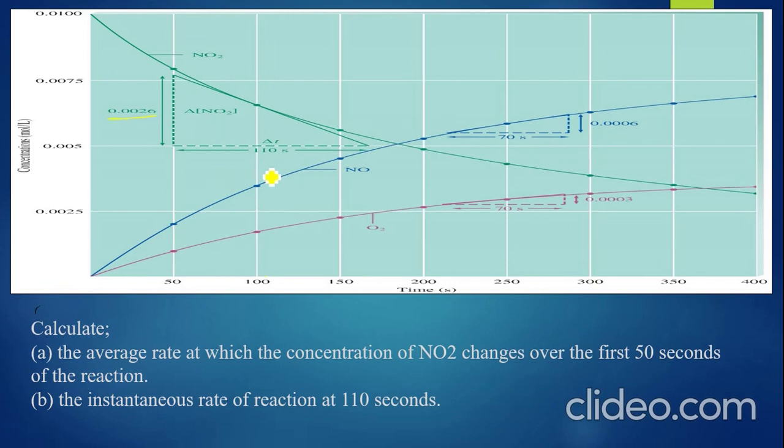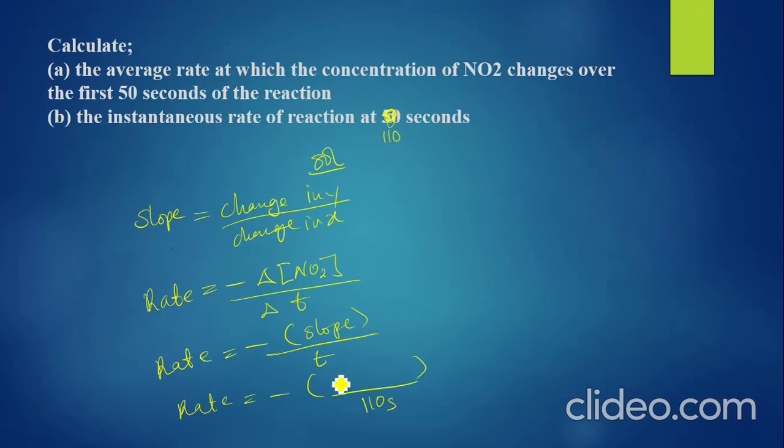Now let's go here. Since it's a slope, it's going to be negative 0.0026 mole per liter. And then here, negative and negative will go.